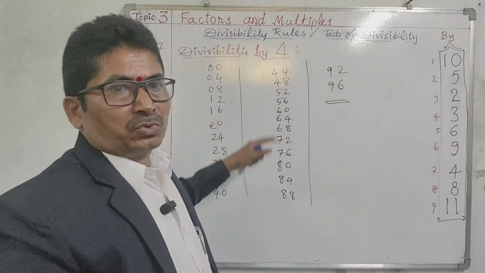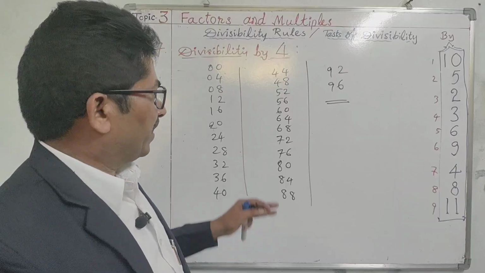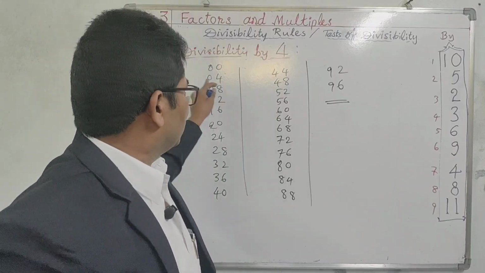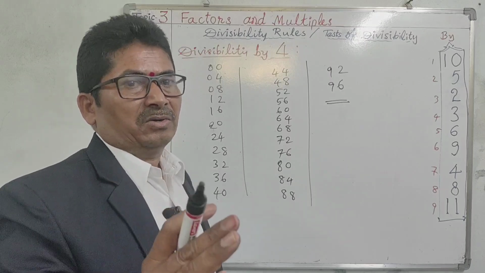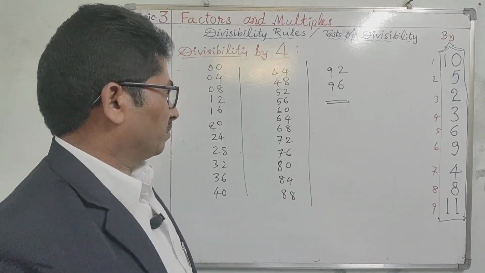These are the last two digits. If a number has any of these digits in the ones and tens places, that number is exactly divisible by 4.